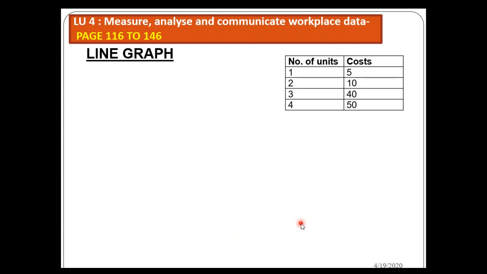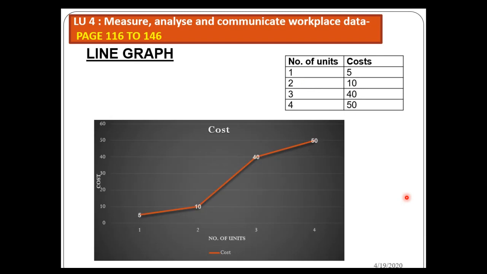So if you check here, for me to have 1 unit, it's going to cost me how much? 5 rand. 2 units, 10 rand. 3 units, 40 rand. 4 units, 50 rand. So I just came up with this data. So let's see how we can plot this information on the line graph. Can you see? So this shows that, for example, if I've got 1 unit here, it means 1 unit is going to cost me how much? 5 rand.